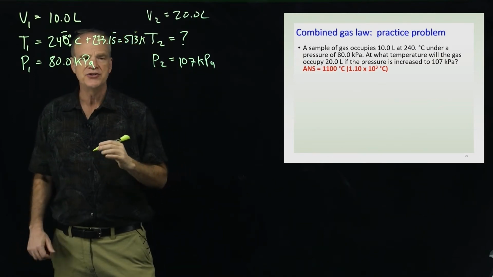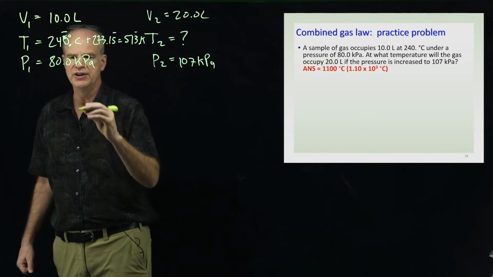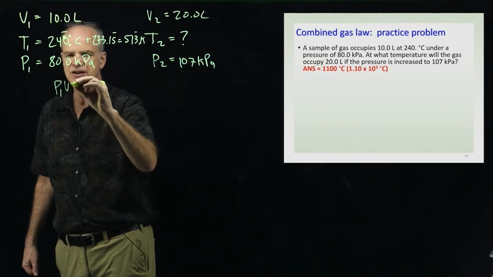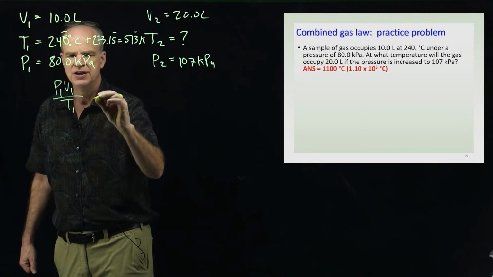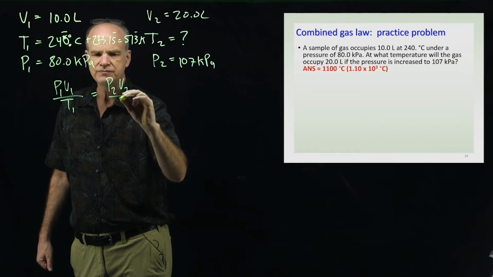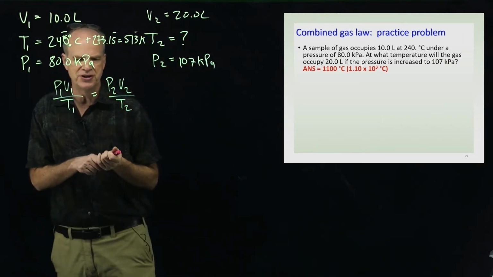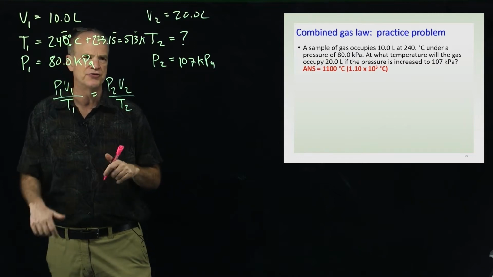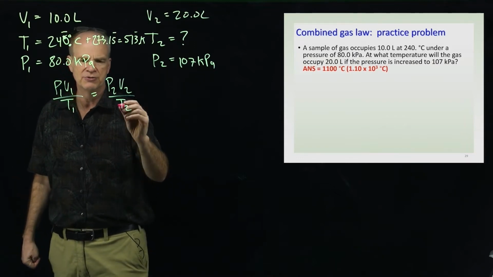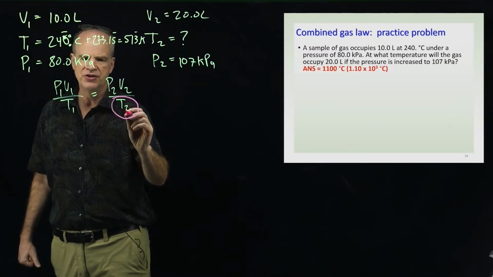Okay, so the next step is to go ahead and solve this equation for T2. So let's see if I can do that. So it's going to be P1 V1 over T1 is equal to P2 V2 over T2. So this can be a little tricky, deriving these equations for the variable you want to solve for, but what I'm going to do is take T2, which is the denominator here on this side of the equal sign.